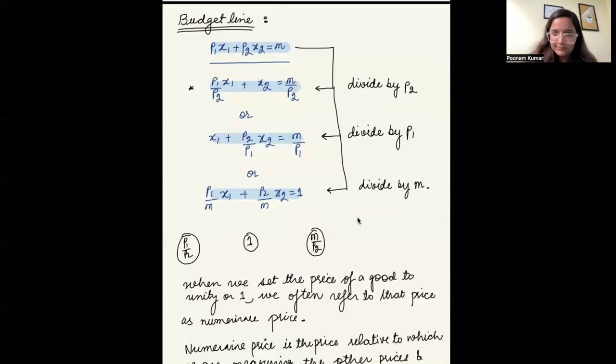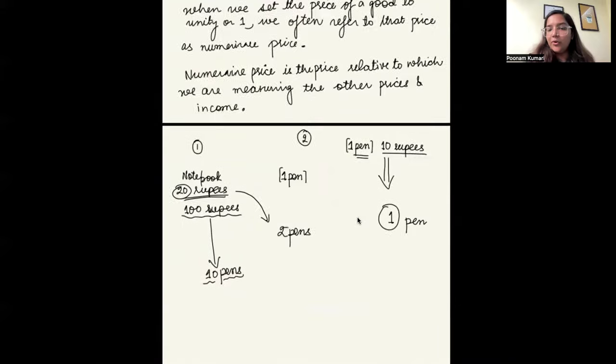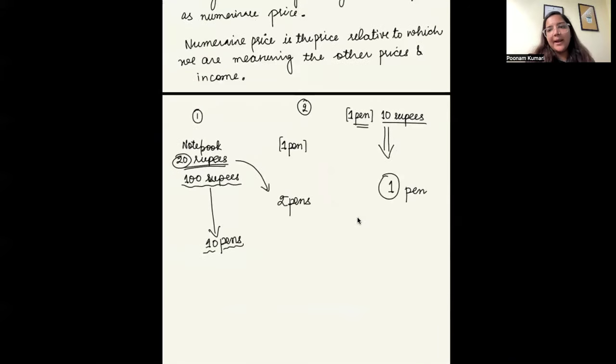So, ma'am, here pen is the numerator good. Yes, pen is the numerator good. We made its price 1. Now we will talk about the prices of all the other goods relative to the pen, and we will talk about our income also relative to it. So, ma'am, income would also be 10, because my income is actually 100 only, but the way I am writing here, P1/P2 x1 plus x2 is equal to m divided by P2, right?